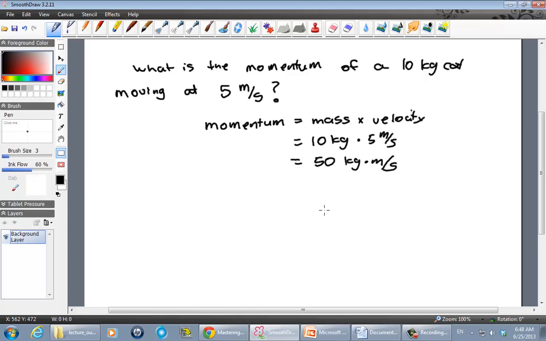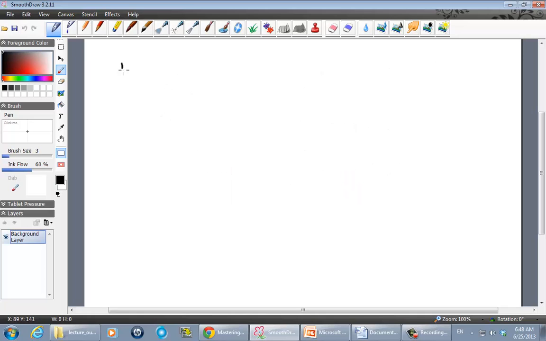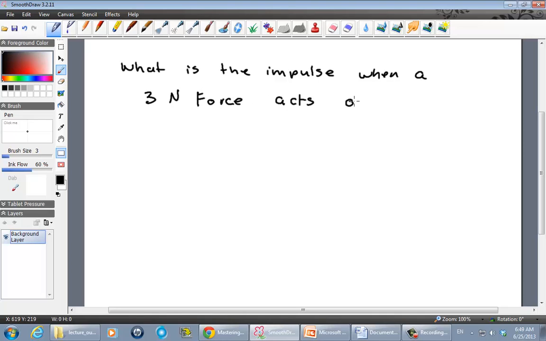Okay, let's look at an impulse problem. What is the impulse when a 3 Newton force acts over a period of 6 seconds?